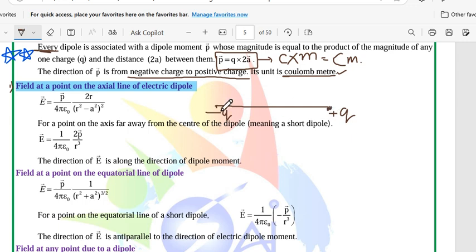These are the two point charges, one is minus q and another is plus q, separated by a distance 2a.